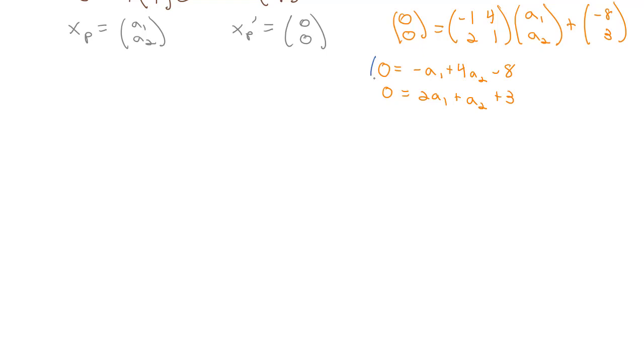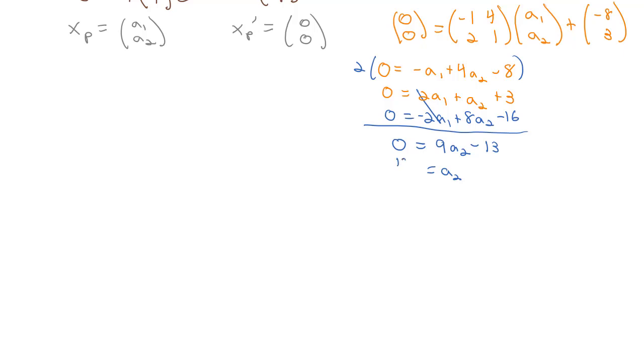Let's multiply the top equation by 2. That'll give us 0 equals -2a1 plus 8a2 minus 16. And so when we add together, we get 0 equals 9a2 minus 13. So a2 is going to be 13 over 9.